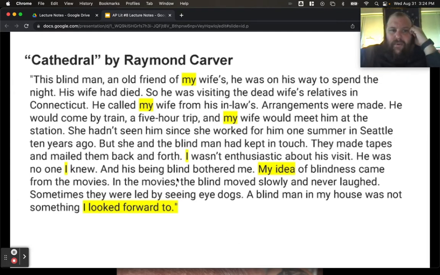Now, notice he's recalling information about his wife and the friend's wife who had died, and the wife's relatives. Just because the narrator is recalling the story, and that story includes other people, doesn't throw it off from first person.